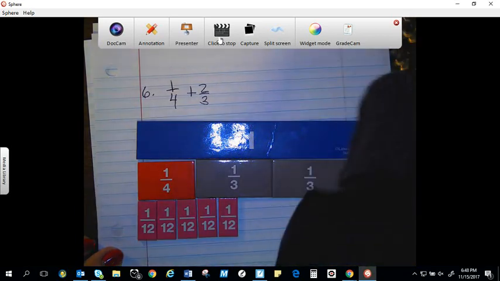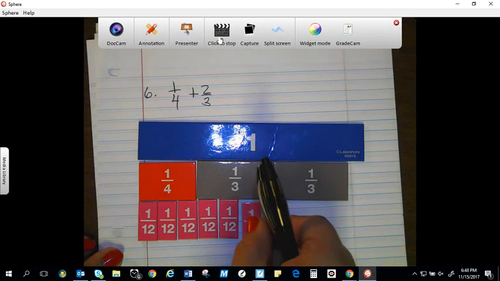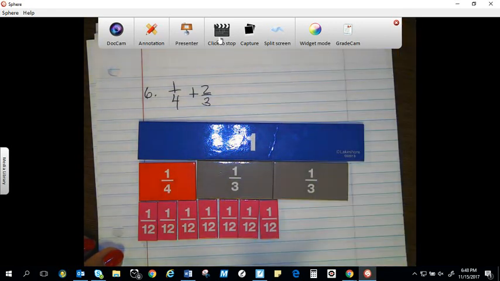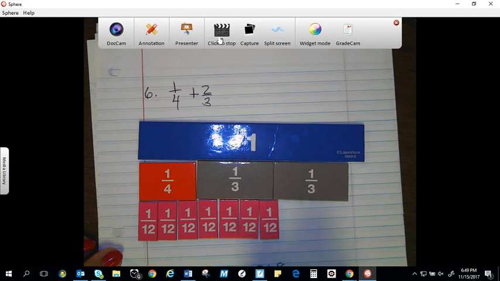That's right, 4, 3, and 4. So if this is 4, how many will fit in here as well? That's right, 4/12. So 4/12 plus 4/12 equals 8/12. Adding those up, 3 plus 8 over 12.